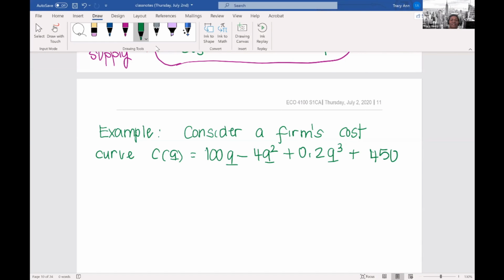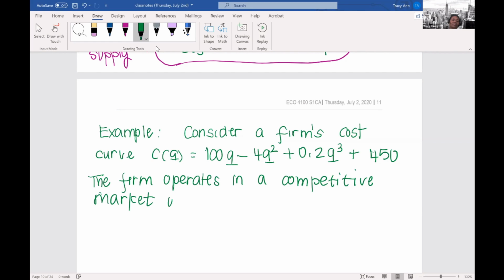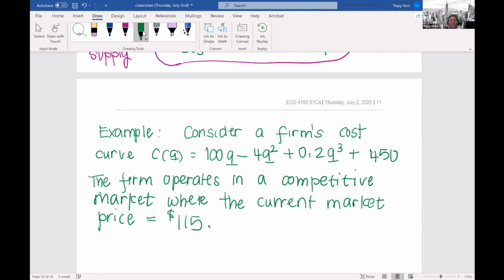The firm operates in a market where the current market price is equal to 150. How much should the firm produce?